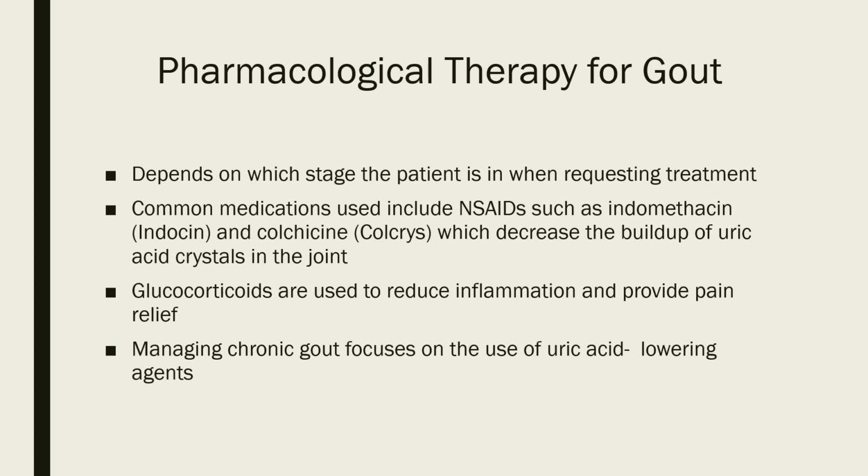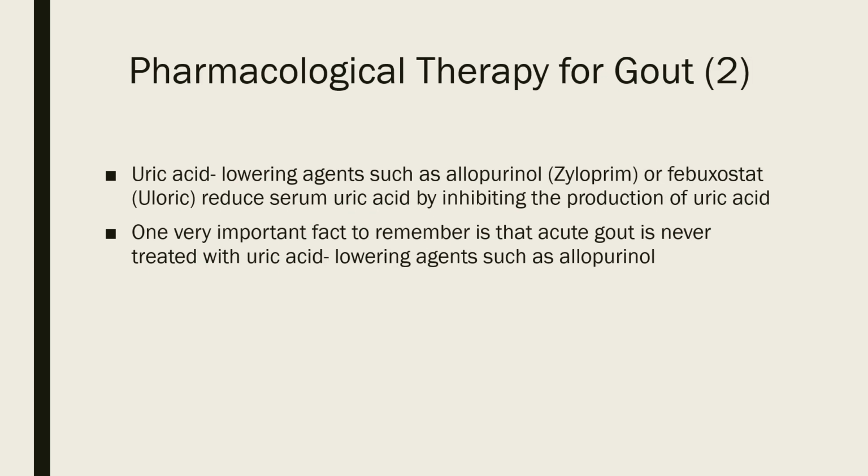Managing chronic gout will focus on the use of uric acid lowering agents. Uric acid lowering agents such as allopurinol or Uloric may reduce serum uric acid by inhibiting the production of uric acid.